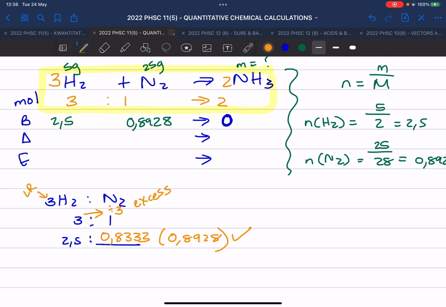But Sepu, what are the 2 things I know from my limiting reagent? You want to ask something? Ma'am, can you just repeat the question?